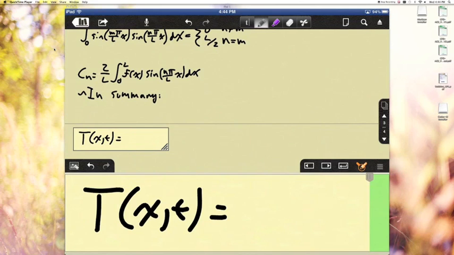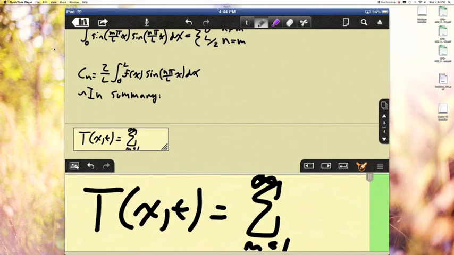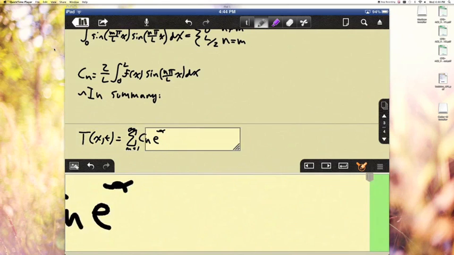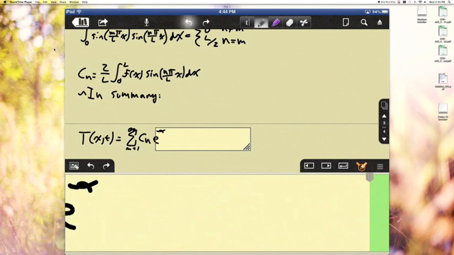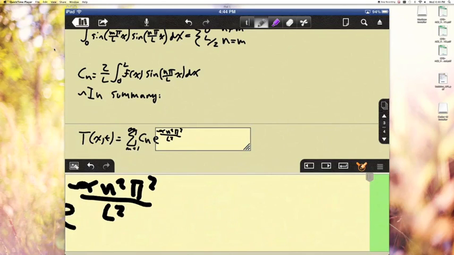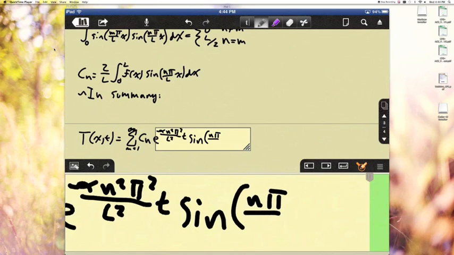We know that the temperature distribution is an infinite sum from n equals 1 to infinity of c sub n, the exponential of negative alpha n squared pi squared over L squared times time, multiplied by the sine of n pi over L times x.